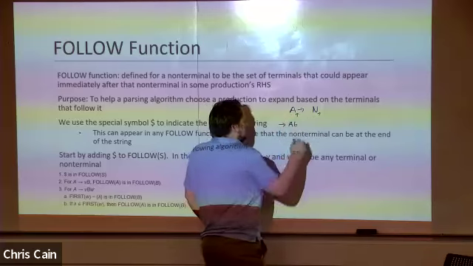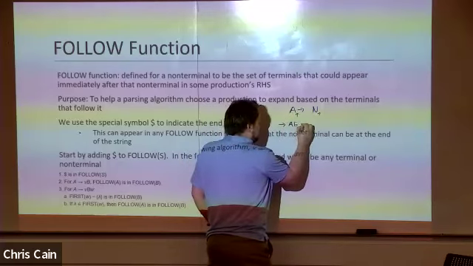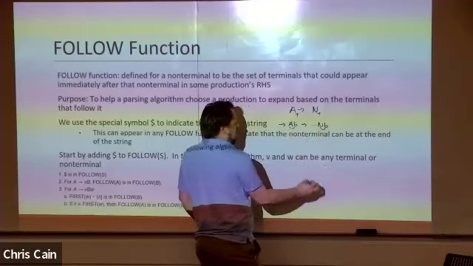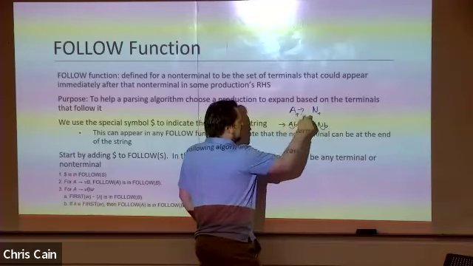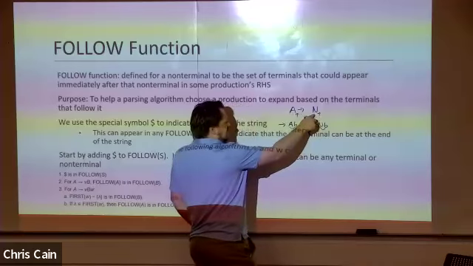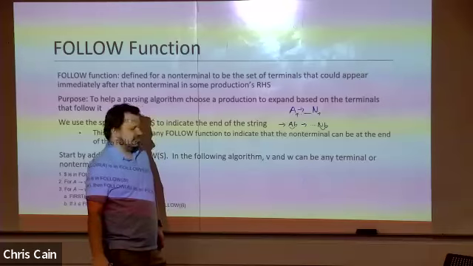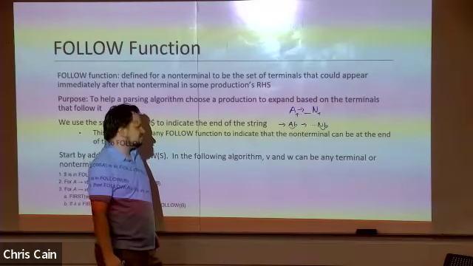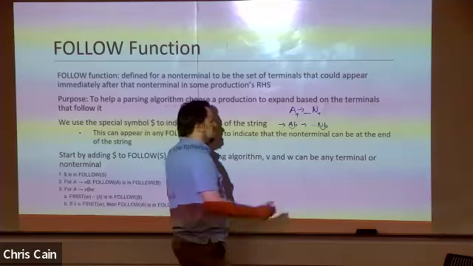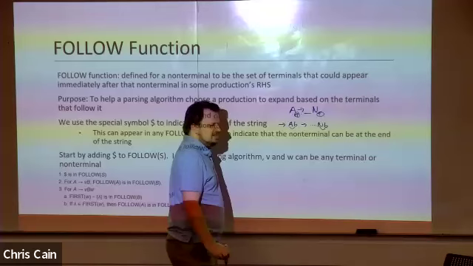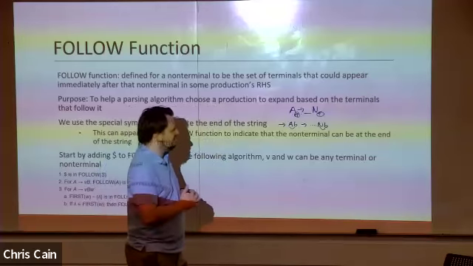When we expand this capital A, this could eventually turn into blah, blah, blah, blah, blah, capital N, B. So because B can follow A, B can also follow N, because we have a derivation here where N is at the end of some production that is an expansion from A. So we can say that whatever can follow this can now also follow this.